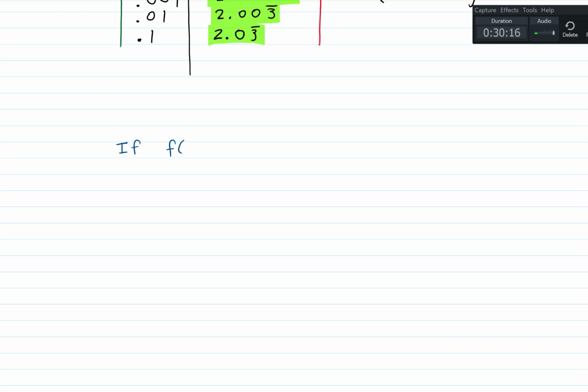If f of x equals sine of x over x, what is the limit of f of x as x approaches, we're going to do 0 again. Okay, as x approaches 0. That's what we're going to do.